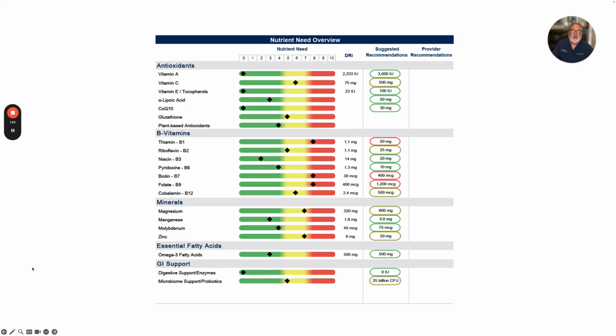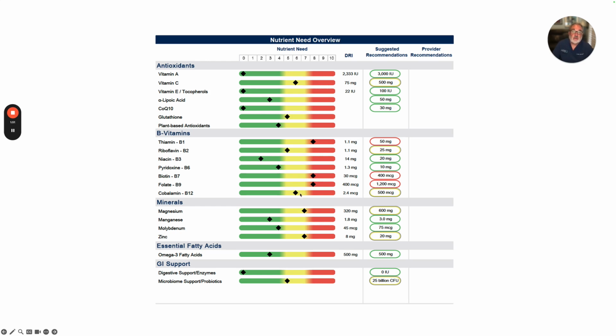So it's just a general overview we look at, and then the test breaks it down a little bit more. With this particular individual, you can see that there is a little deficiency in some of the B vitamins. When you're talking about methylation in mood disorders, some big ones are folate, so B9 and B12. That's in the category of needing some more B9, folate, and B12.